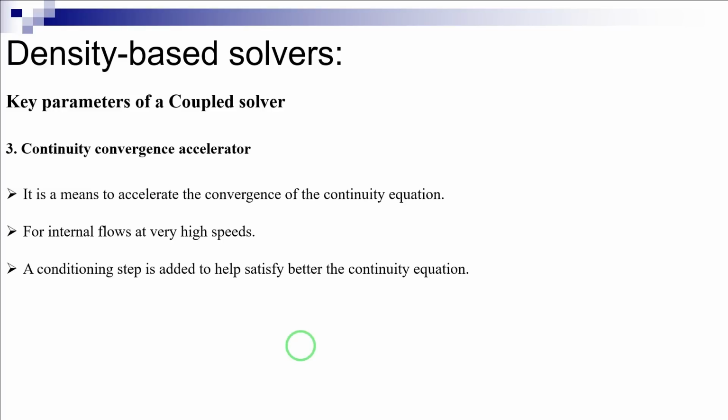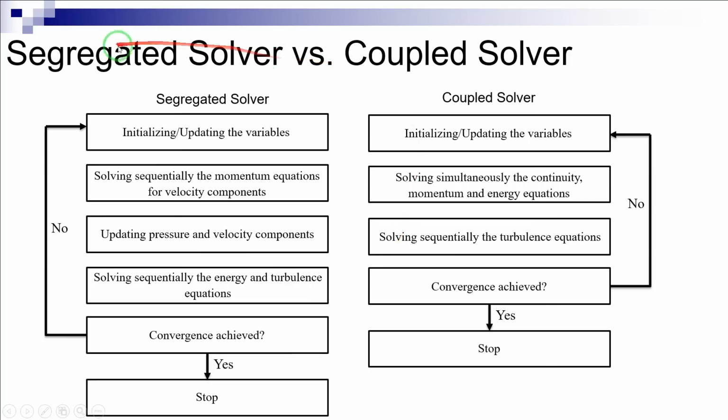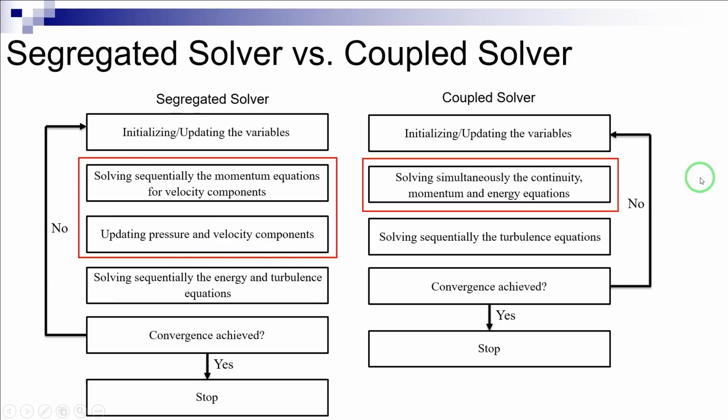Segregated solver versus coupled solver. The general workflow for both the segregated and coupled solvers is shown here. As can be seen, the main difference between these solvers is that in the segregated solver, the continuity and momentum equations are solved sequentially to obtain the velocity and pressure fields, while in the coupled solver, the governing equations are solved simultaneously to obtain the variables.